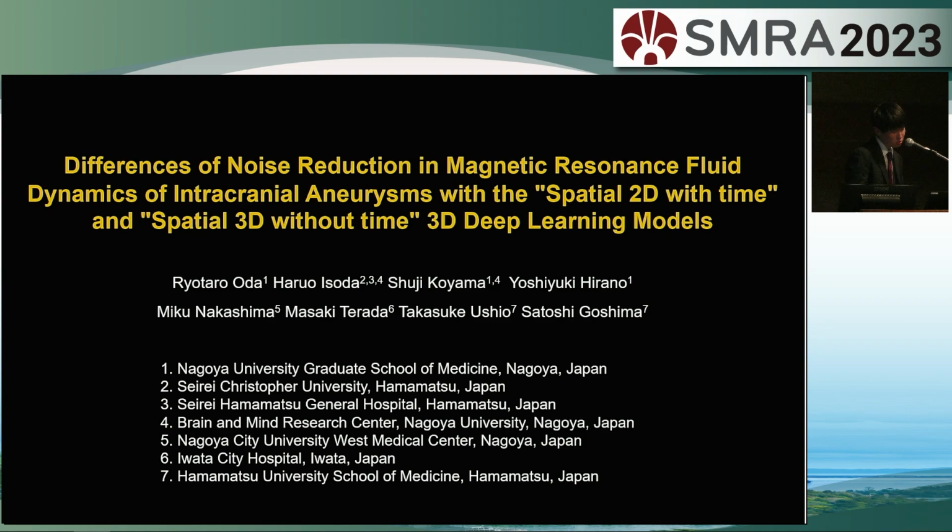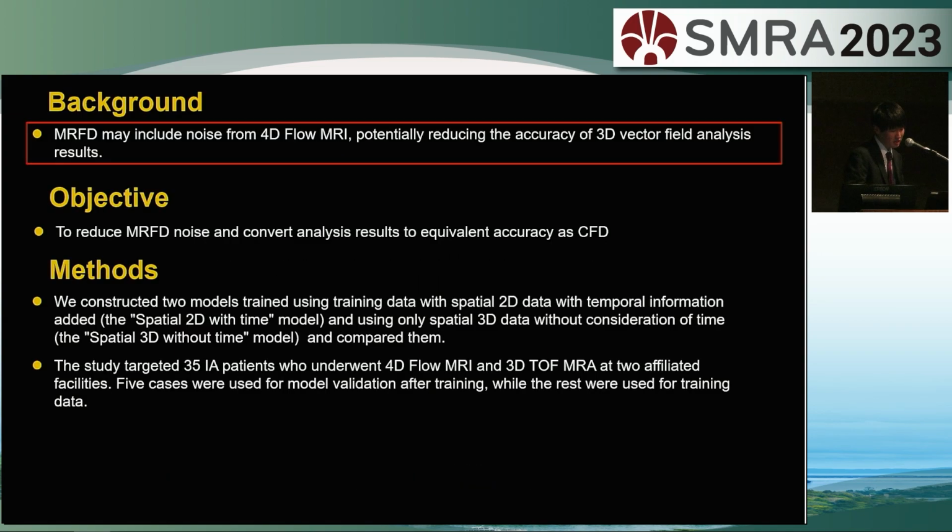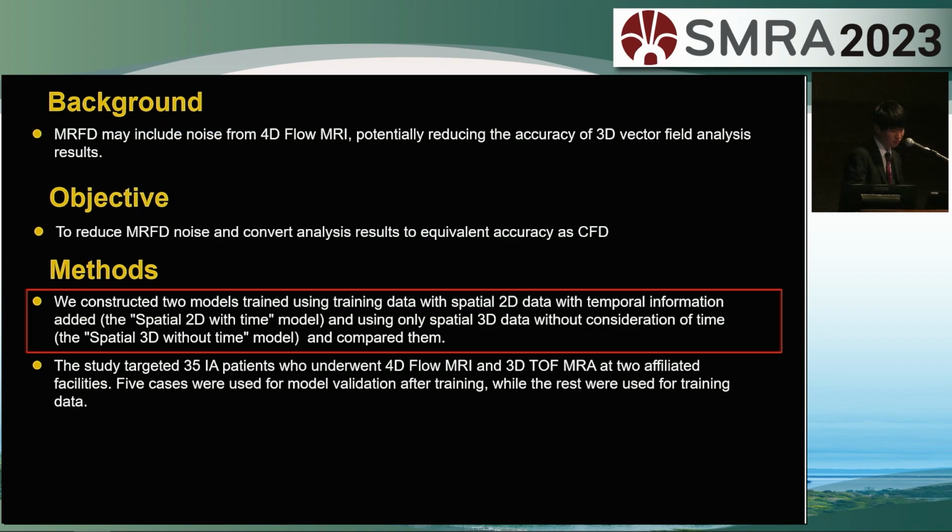Today, I will talk about the difference of noise reduction in magnetic resonance fluid dynamics of intracranial aneurysm with the spatial 2D with time and spatial 3D without time deep learning models. MRFD may include noise from 4D flow MRI, potentially reducing the accuracy of 3D vector field analysis results.